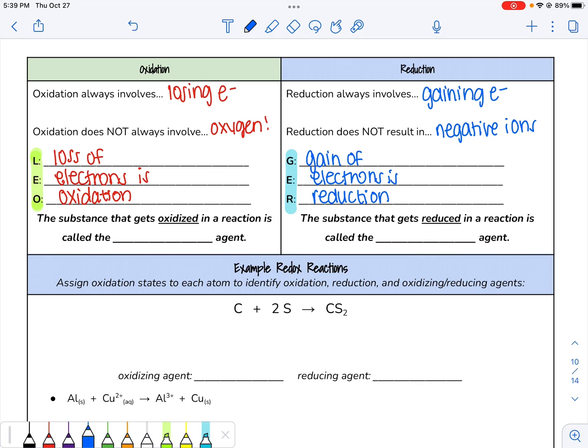So we call that atom that is losing electron density the reducing agent. Don't start screaming and shouting just yet. We'll talk through why it's called that in a second. But that means alternatively, your substance that's getting reduced in a reaction is called your oxidizing agent.